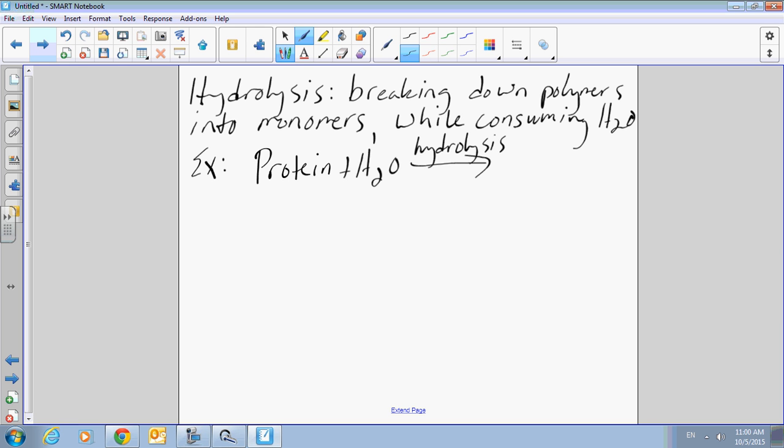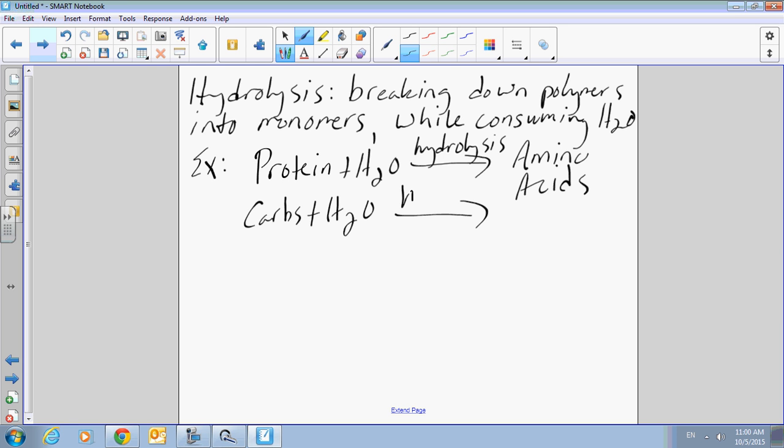What will be the product of the reaction? So, amino acids. So you obviously recognize a pattern, I hope, by now. If we have carbs and water, they undergo hydrolysis, which is just the breaking apart of these molecules. Carbs are made of sugars, so you get the parts.